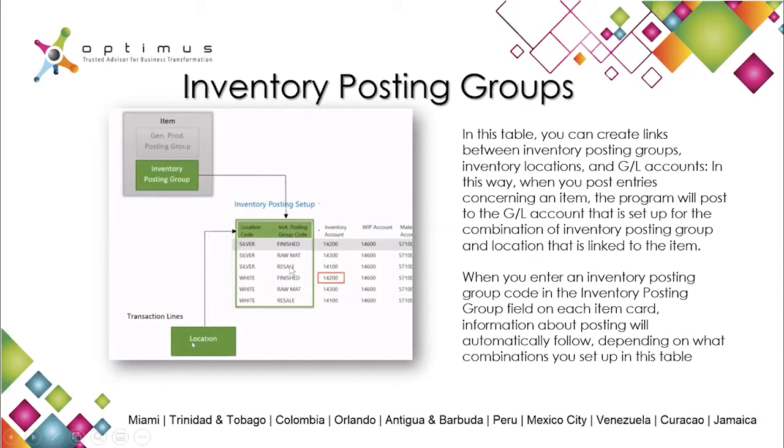But for resale, we would use an inventory account for those products that we do not manufacture, because companies do not always manufacture the products they sell. Sometimes they just purchase and resell, okay? I would like to have an inventory account to know the value for that type of inventory transaction.